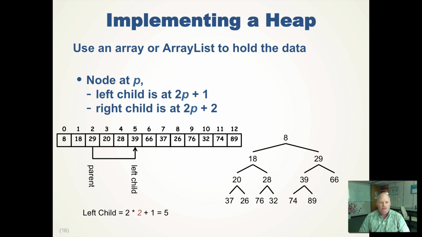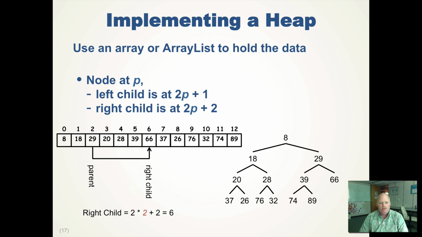So the left child can be calculated as 2 times the parent's index plus 1. The right child is 2 times the parent's index plus 2. So from any node in the array, you can find its children quite easily by multiplying by 2 and adding 1 for left, multiply by 2 and adding 2 for right.